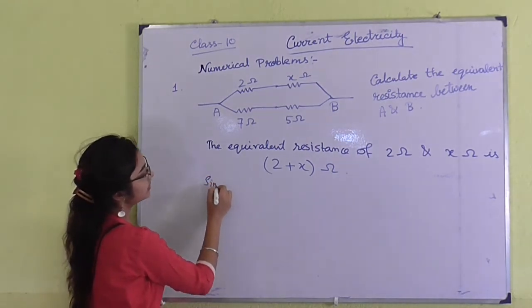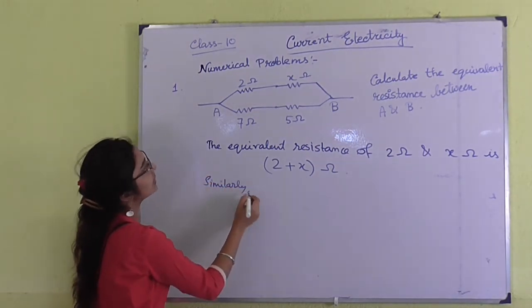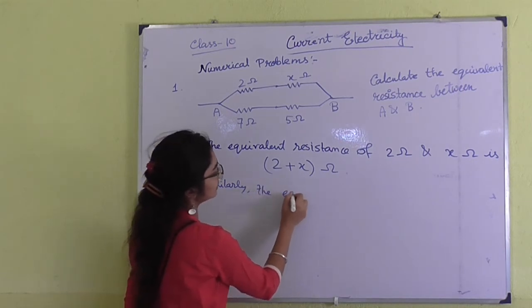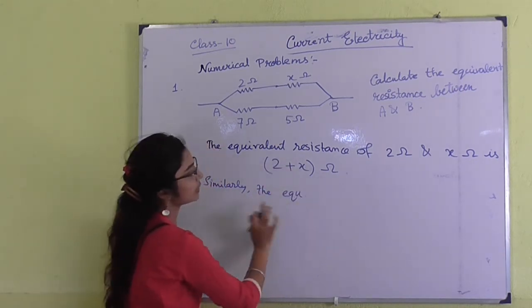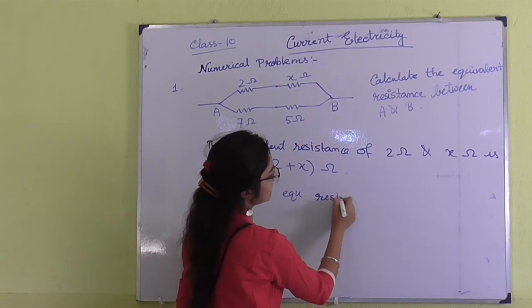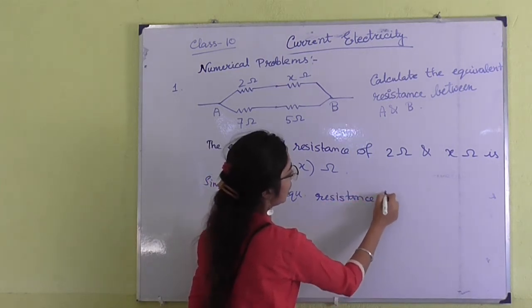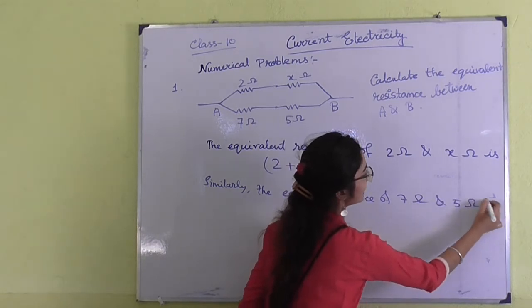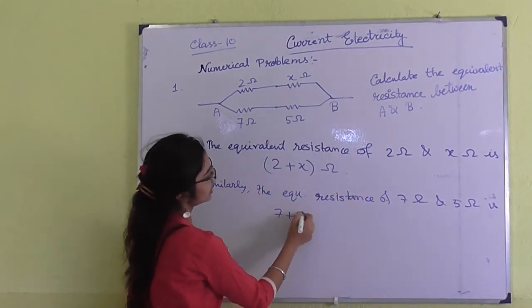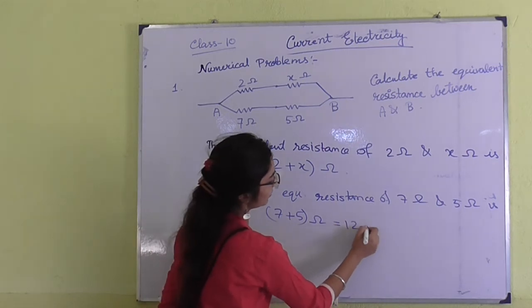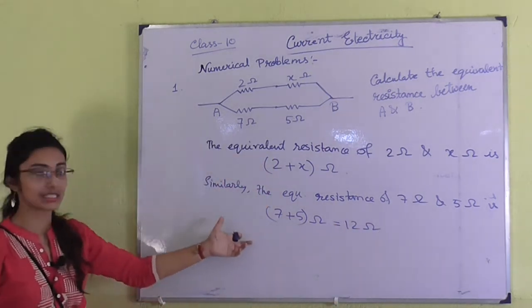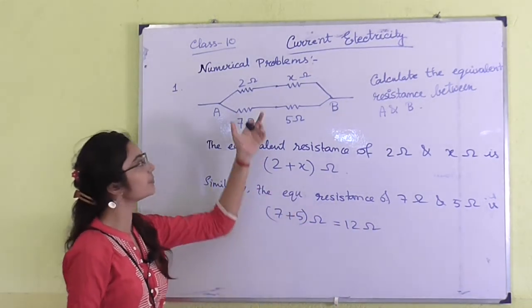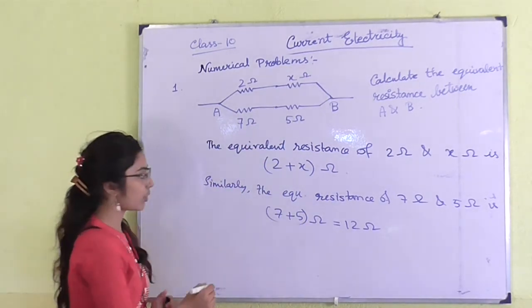Again similarly, the equivalent resistance, this is the short form of equivalent resistance, of 7 ohm and 5 ohm is the sum of these two, that is 12 ohm. And these two resistances, 2 plus x ohm and 12 ohm, are connected in parallel combination.